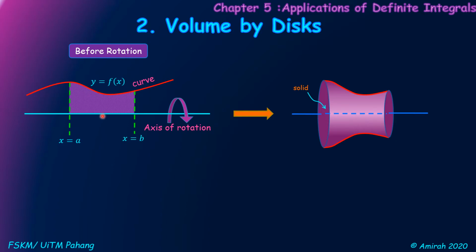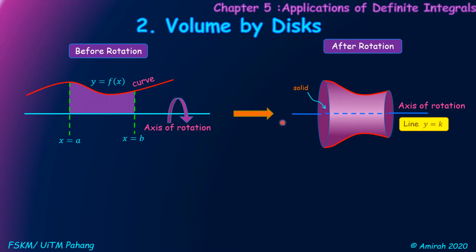This is the diagram before rotation, and this is the diagram after rotation at this line, which is called the axis of rotation, and this is a horizontal line. The equation of the horizontal line is y equals k. And this is the curve y equals f(x).